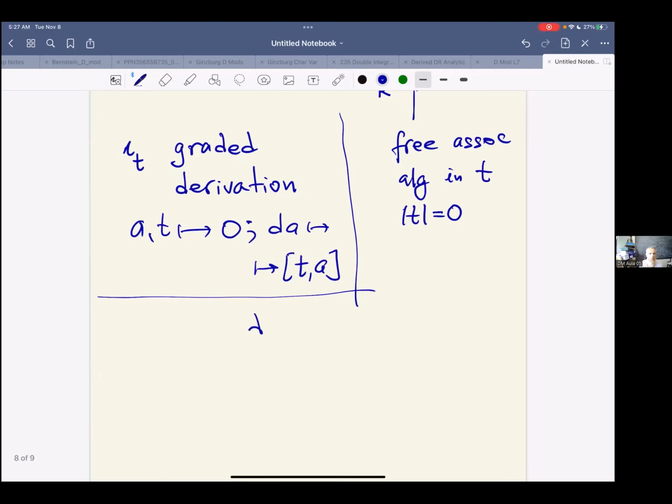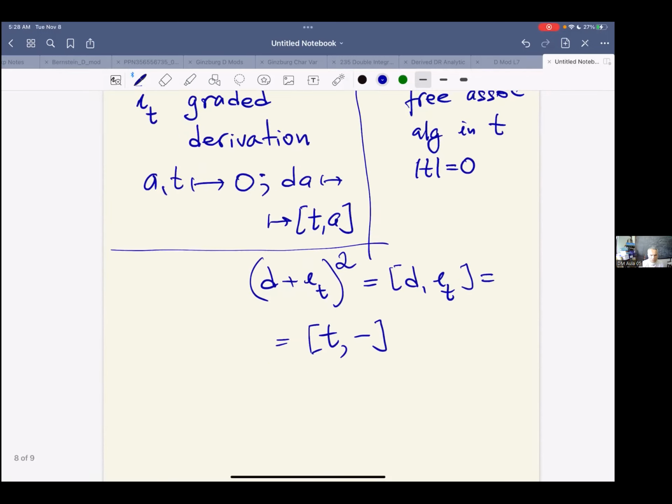And then you immediately observe, from the definitions on generators, that it's not a total differential. It has curvature, so to speak, which is an inner derivation.